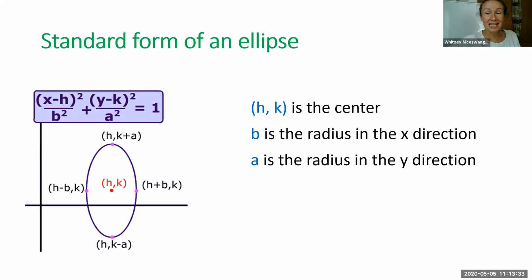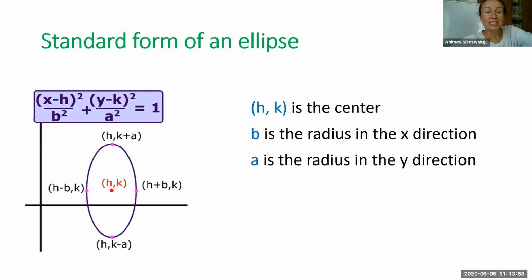We're always going to set it equal to 1. In order to do that, you divide by whatever that coefficient is. And then the center is our (h, k), just like before. And the radius in the x direction is the square root of the number below x. The radius in the y direction is the square root of the number below y.